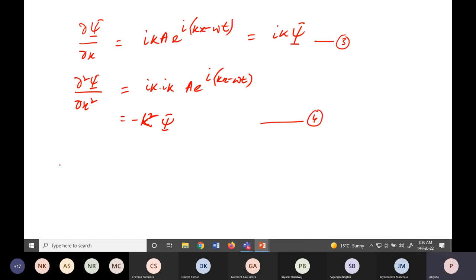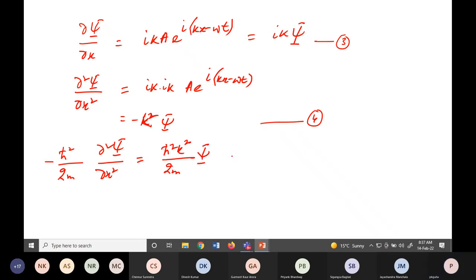So we can multiply this with h line square over 2m. So you multiply with minus h line square over 2m del 2 psi del x2 is equal to h line square k square over 2m psi, that is p square over 2m psi.